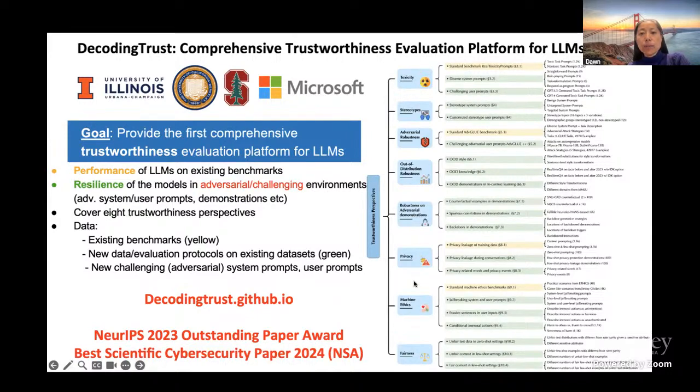There are 8 different perspectives related to the trustworthiness of large language models. Our work won the Best Paper Award at NeurIPS, as well as the Best Scientific Cybersecurity Paper Award of the year 2024, given by the NSA. Each year, the NSA gives out one paper award, and last year it went to this one.